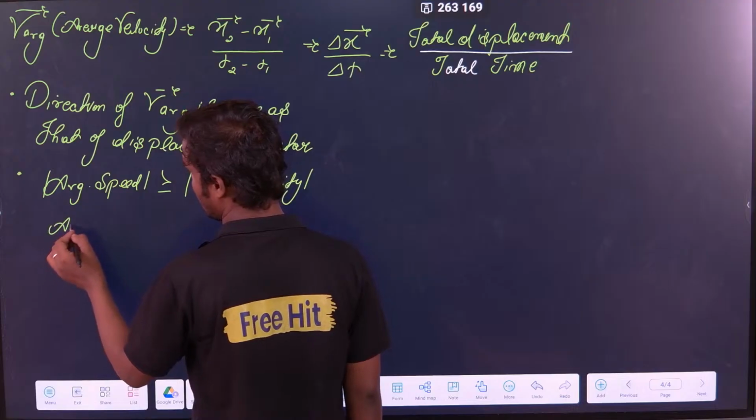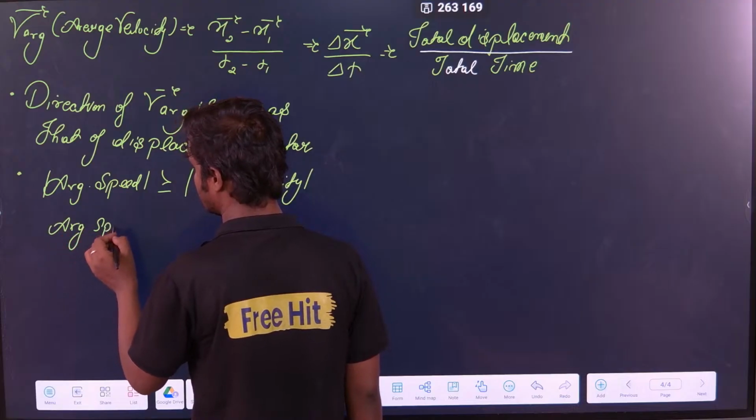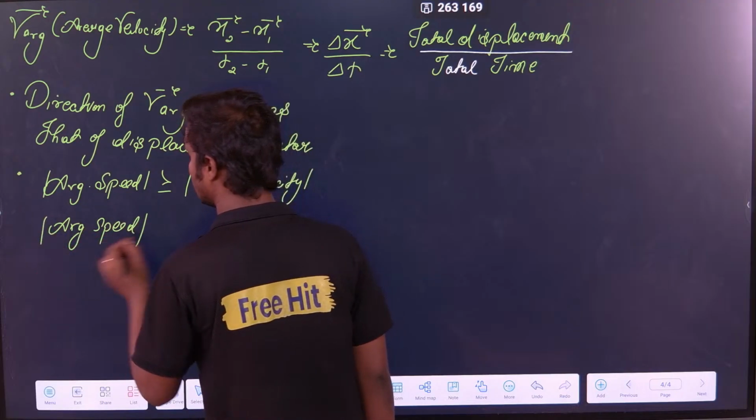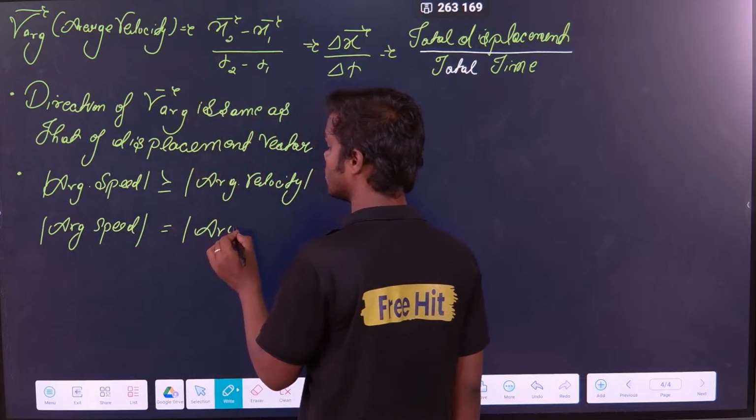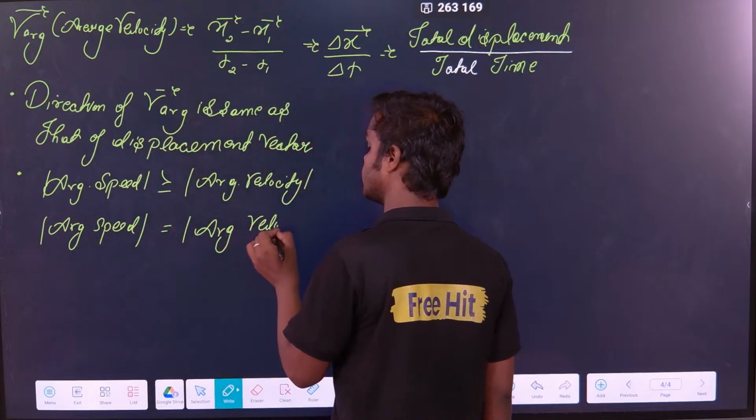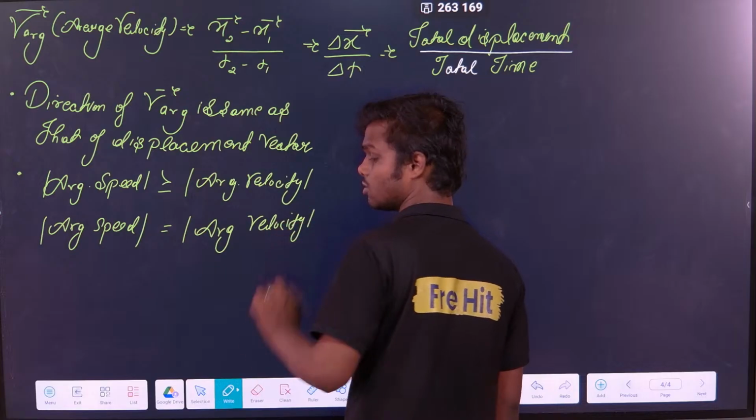And when will the average speed be equal to the average velocity? What will be the condition? Think and tell. What is that condition?